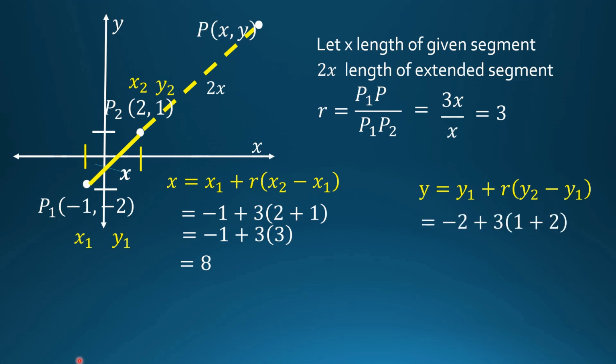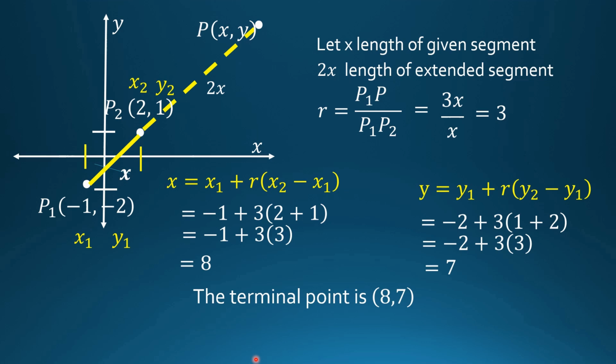So we have now negative 2 plus 3 times the quantity 1 minus negative 2. That becomes 1 plus 2. So this is now equal to negative 2 plus 3 times 3, and this is equal to 7. So y is equal to 7.